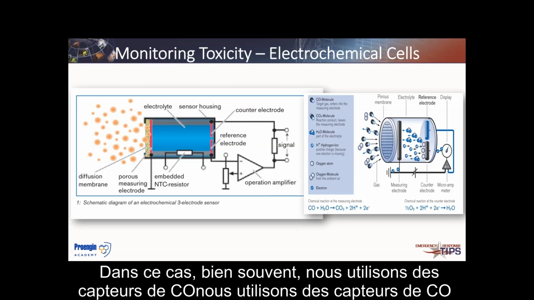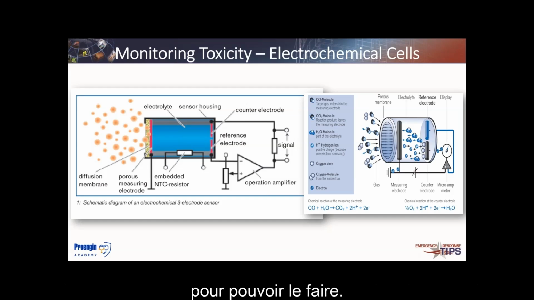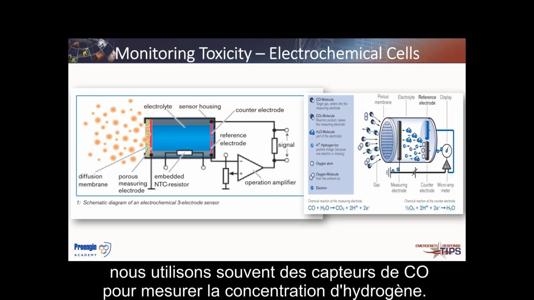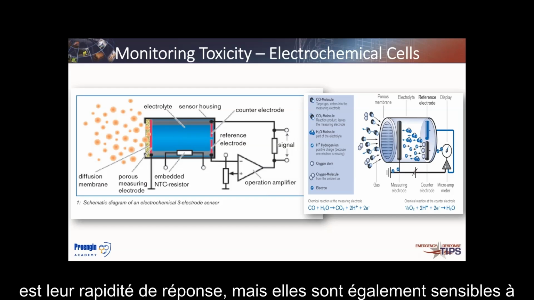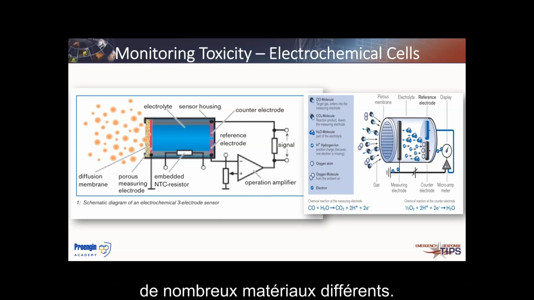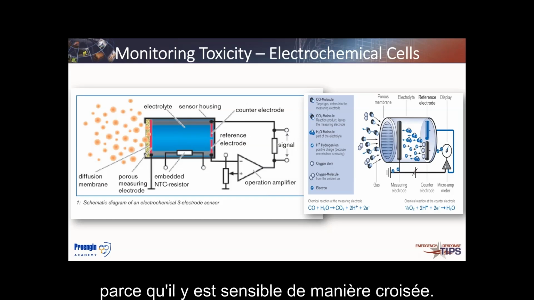Now, a lot of times we're using CO sensors, but in the case of dealing with batteries, you're really looking at the presence of hydrogen. One of the challenges with electrochemical cells is that they are very fast responding, so they're cross-sensitive to a lot of different materials. In the case of a battery-type fire, your CO sensor is a nice one to use, but it's really because it's telling you information on the hydrogen, because it is cross-sensitive to it.